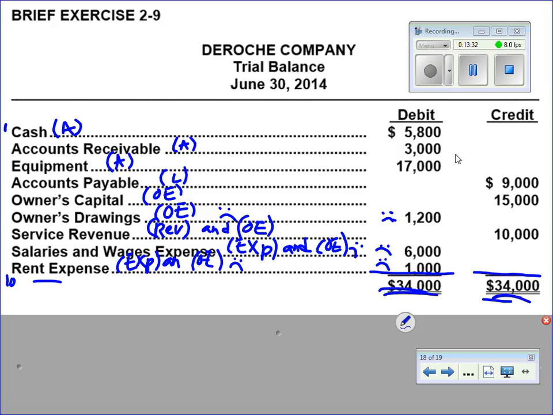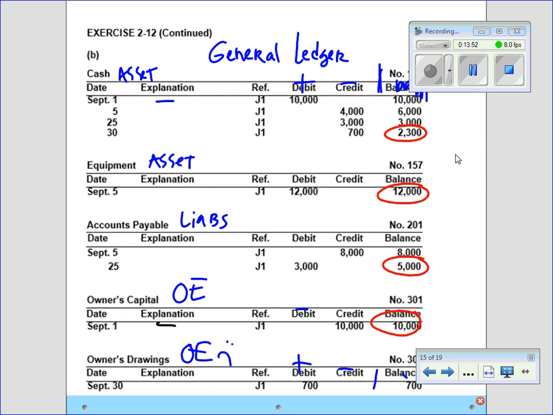Mine are pretty sloppy. And my friends, that's as simple as it is. What do you think? Pretty easy? If you can do it from this jumbled mess the book presents, from here, this will be a piece of cake.